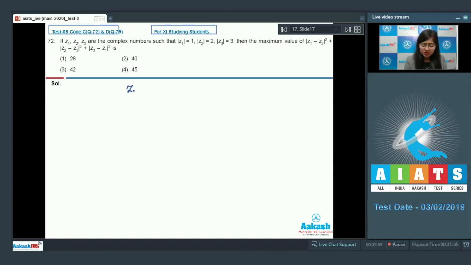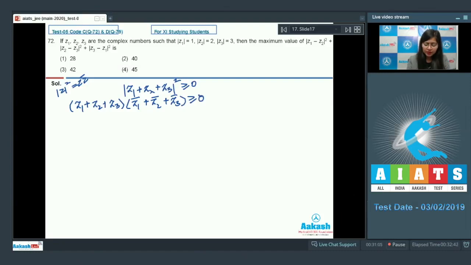Now, we know that mod (z1 plus z2 plus z3) whole square is always greater than or equal to 0, right? Now, we know that mod z whole square can be written as z into z bar. So, it can be rewritten as (z1 plus z2 plus z3) into (z1 bar plus z2 bar plus z3 bar) is greater than or equal to 0, right?